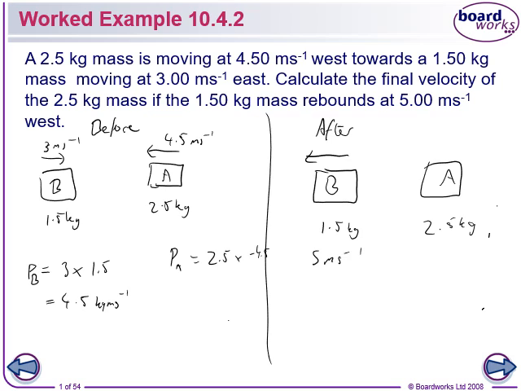Okay, I should put this in here. So that way is negative, that way is positive. So the momentum of A, 2.5 times negative 4.5, is negative 11.25.